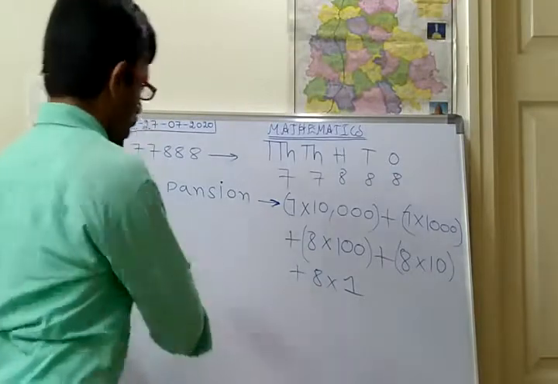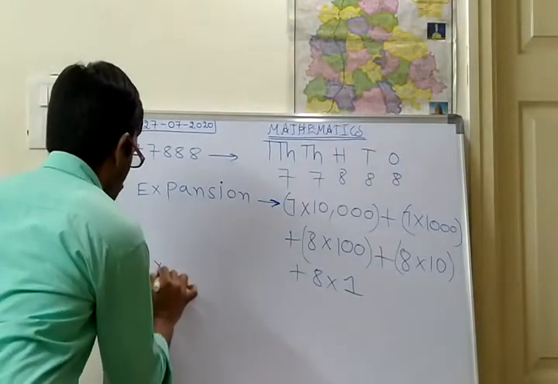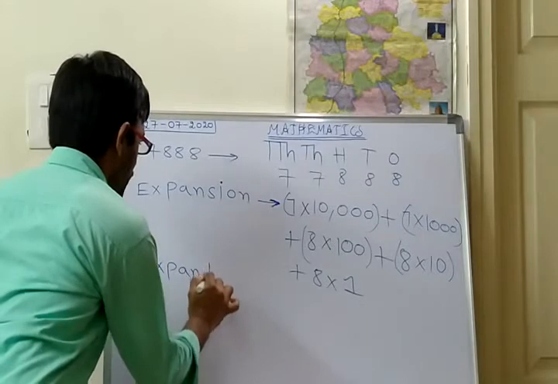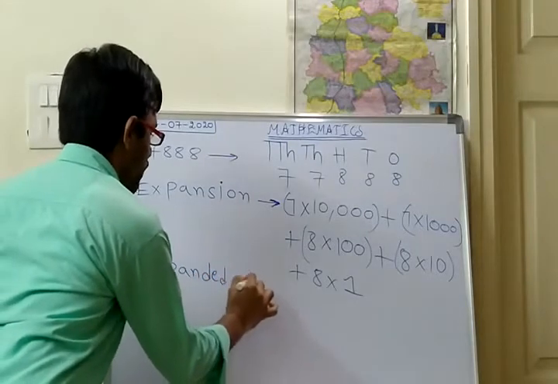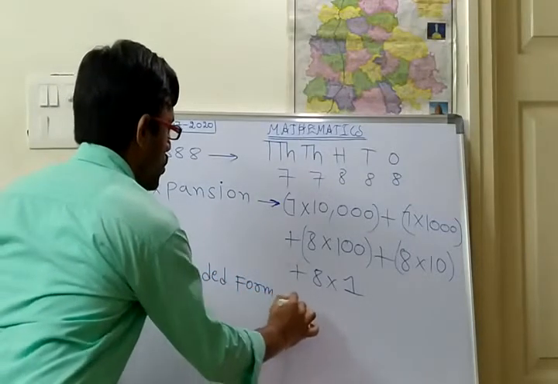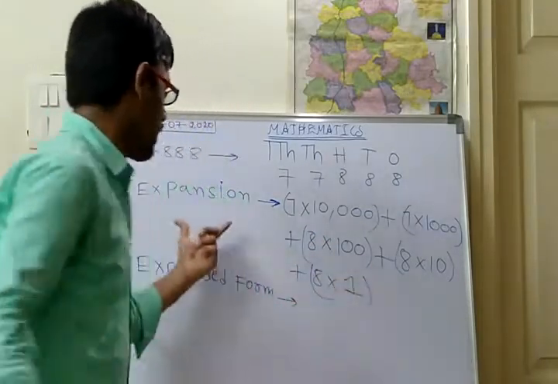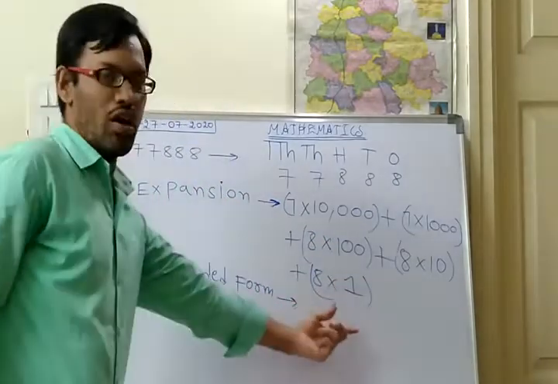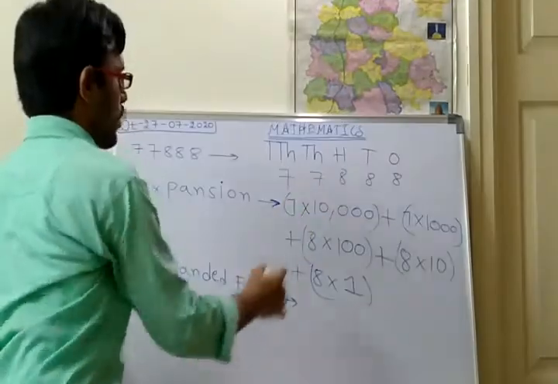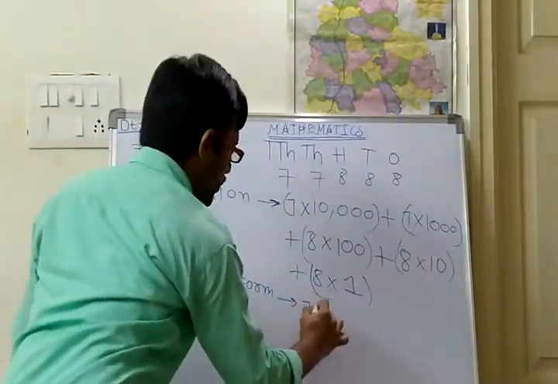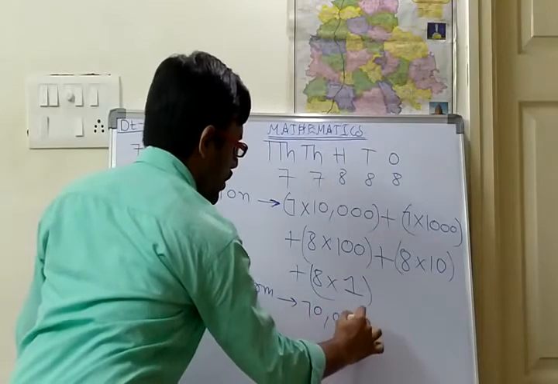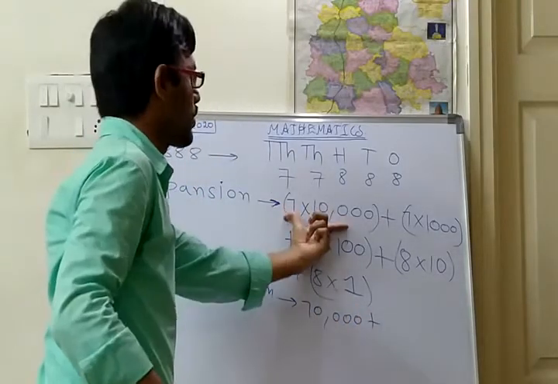Now the expanded form. Expansion is this one. Next, the expanded form is what you have to write, the next step. So 7 into 10,000 is 70,000.